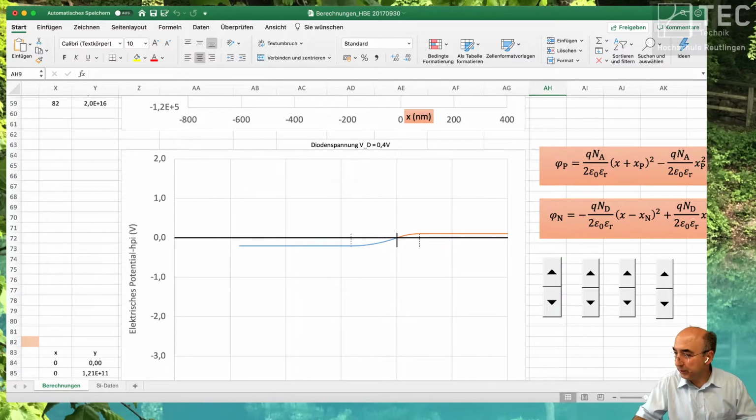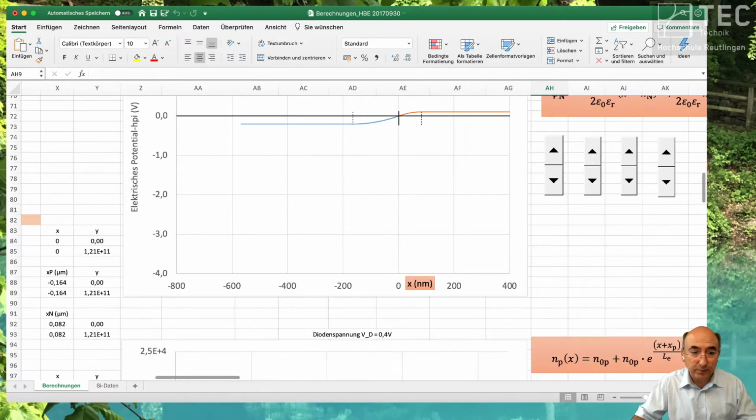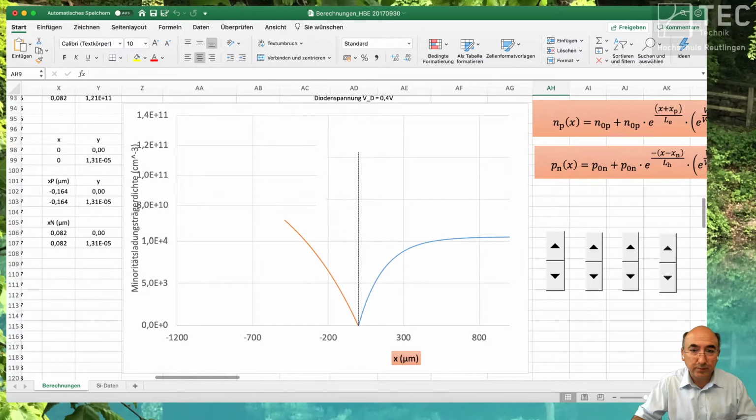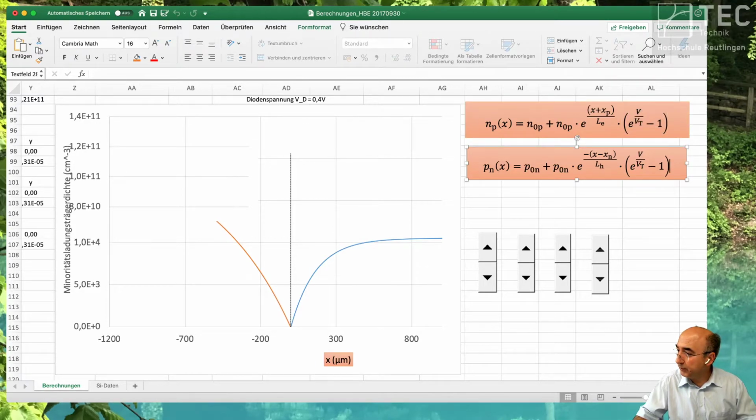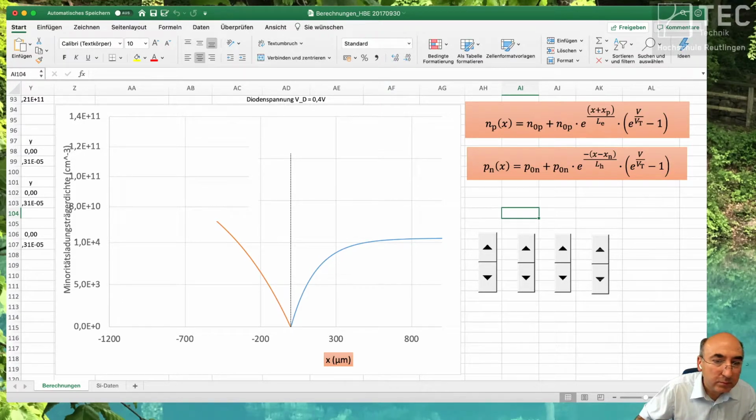The space charge region is reduced. Now let's take a look at the concentrations. This equation and this equation. So these two equations I have plotted here and here. And you see that these equations, it's not updated.